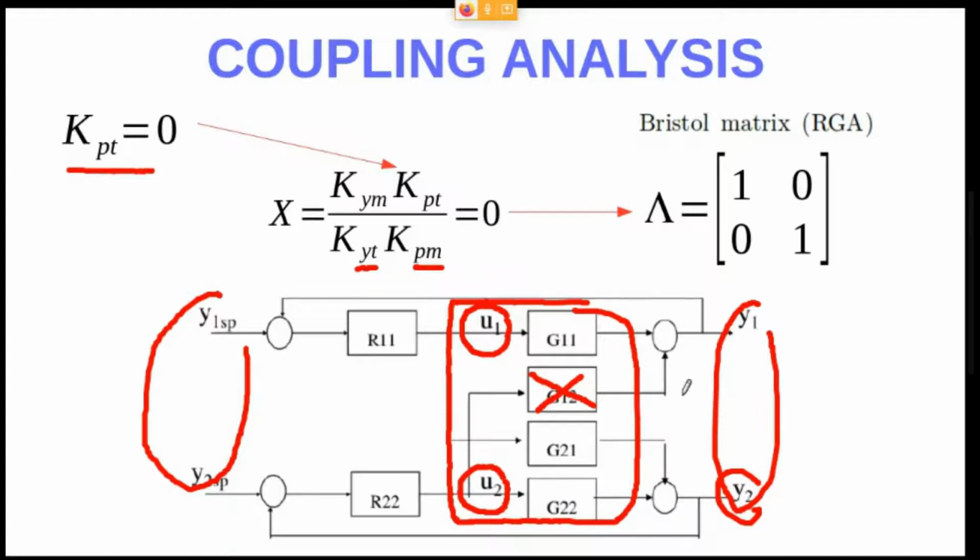Because we have no effect on the pitch angle thanks to the tail rotor voltage, it makes the coupling factor equal to 0. So that's why then the Bristol matrix, the relative gain array, is a perfect diagonal full of ones. It's the identity matrix, right?